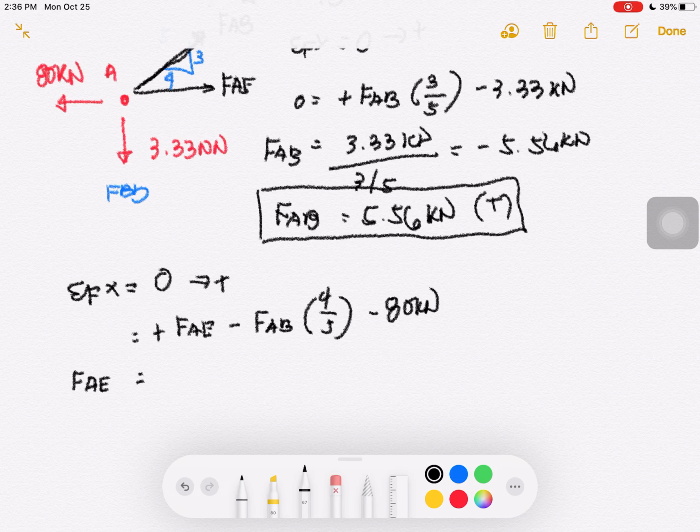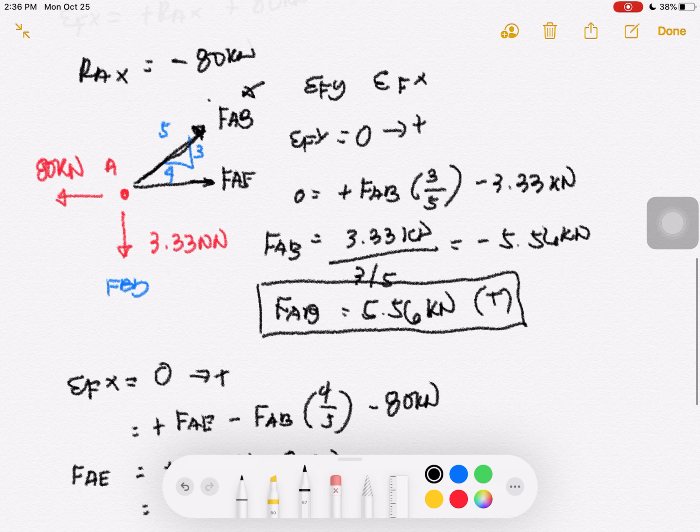FAE plus FAB 5.56 kilonewton minus 80 kilonewton. So you'll be able to get negative 75.56 kilonewton. So convert mo lang siya, therefore this one is in tension as well.